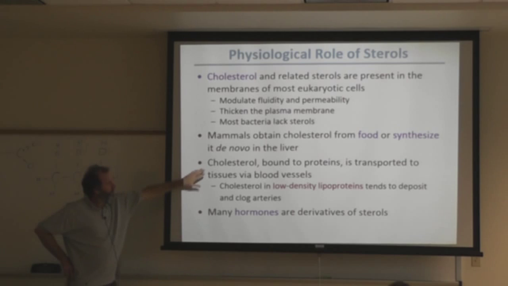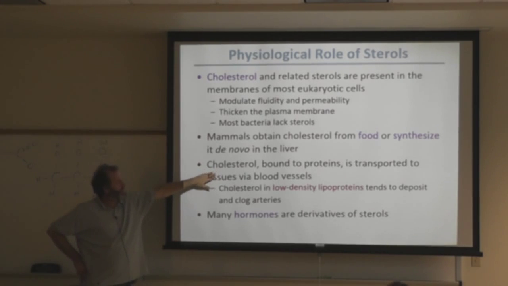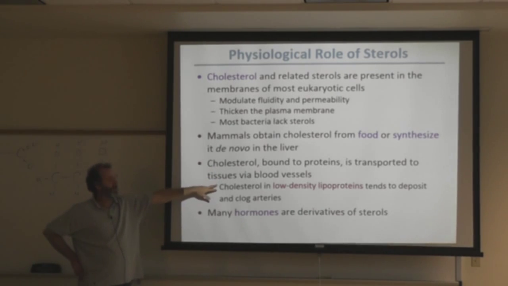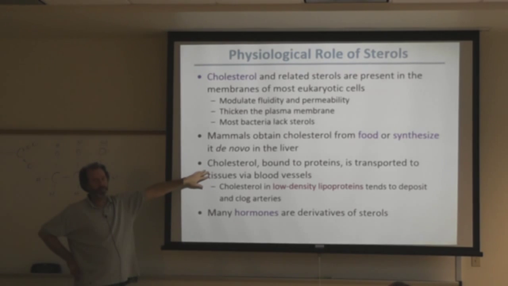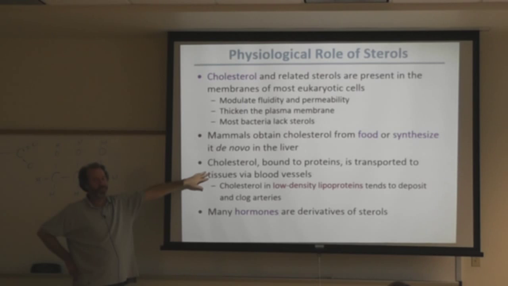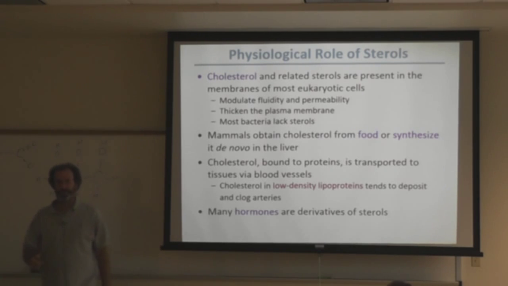So, cholesterol, we find it bound to proteins, and it's transported to tissues via blood vessels, right? So how's it transported around, do you know? Lipoproteins, are you familiar with those? So you have your HDLs, LDLs, VLDLs, and chylomicrons, and IDLs too, right?